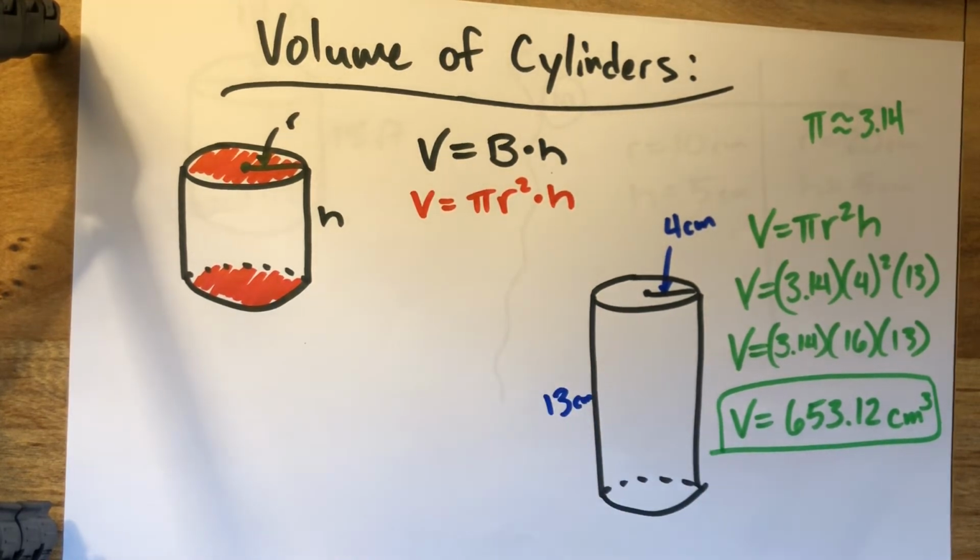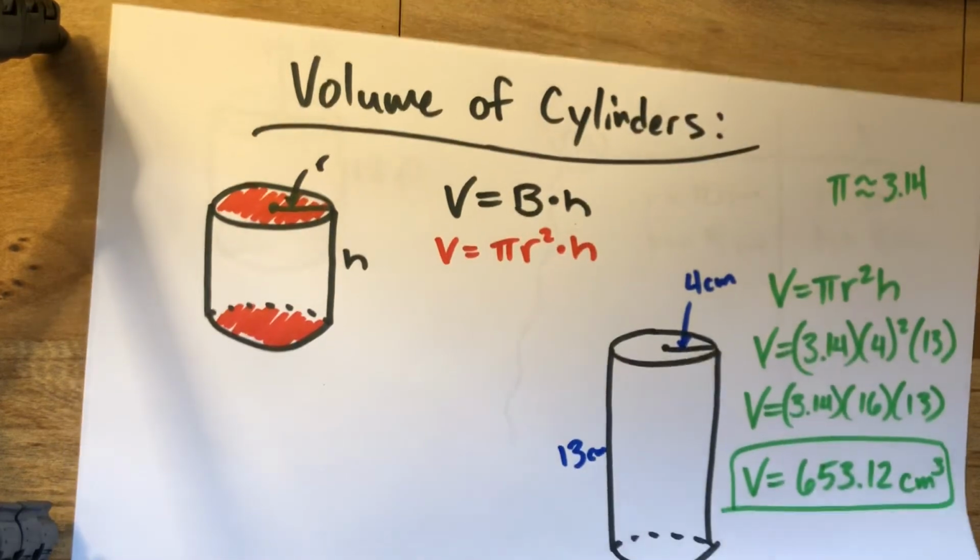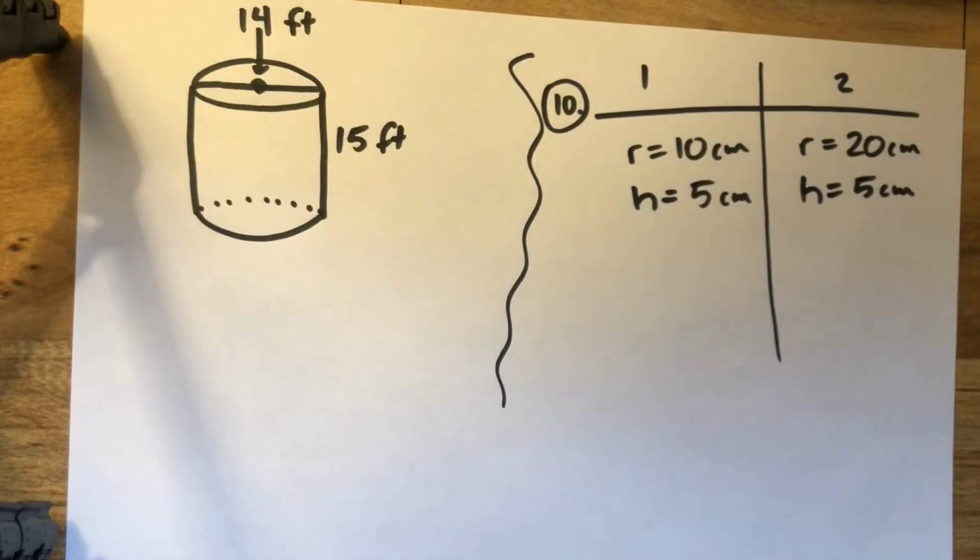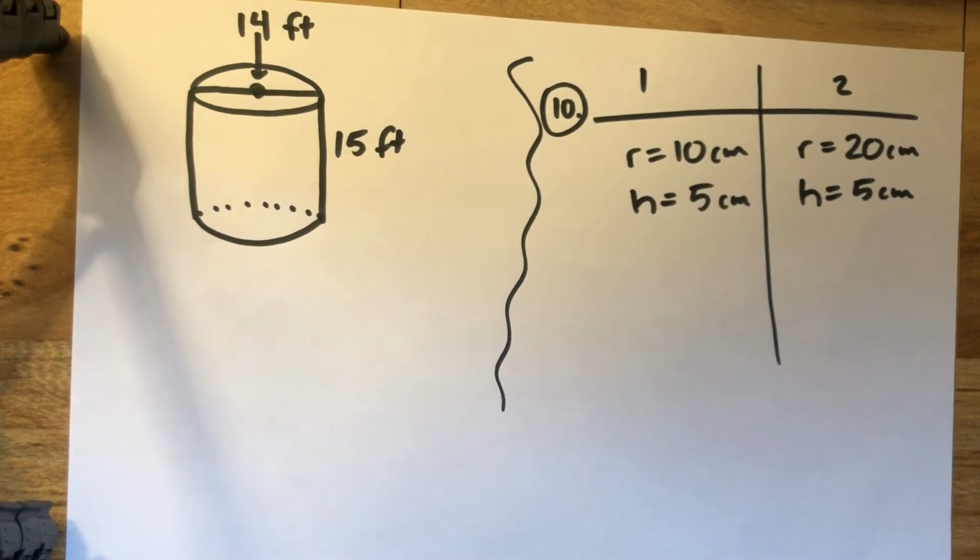We'll be finding volume of cylinders a couple more times here. Let me get this out of the way. There we go. Next example I have for you, you might be able to tell the difference. We're looking at 14 feet as the diameter, not the radius. So that's the change from the last problem.